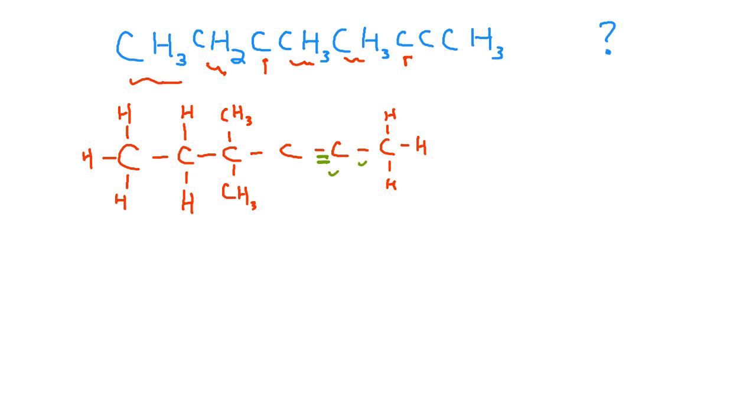Now it's okay. So now I see this triple bond. So we know the ending is Y-N-E because there's a triple bond. Okay, the longest chain: 1, 2, 3, 4, 5, 6. This looks like, oh, did I? Yeah, hexyne.